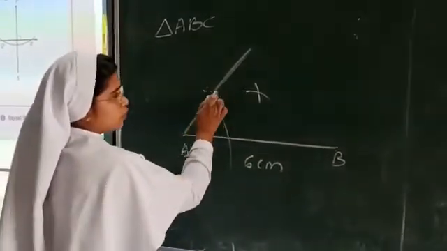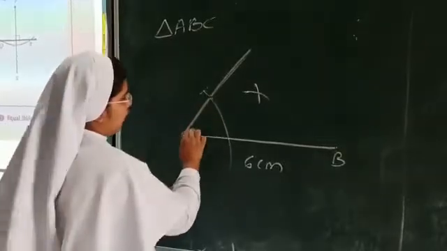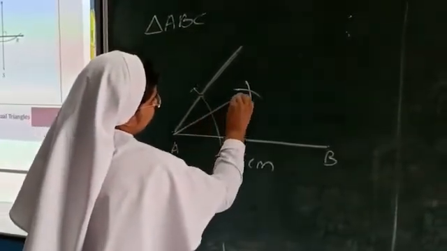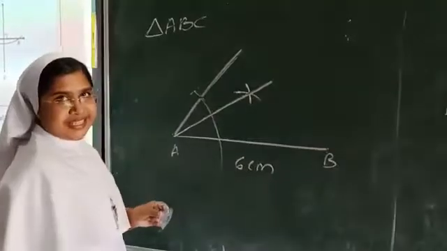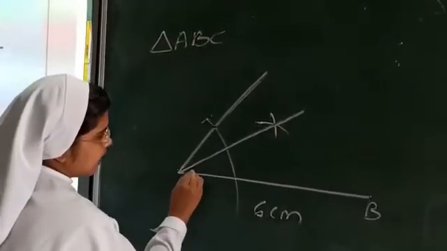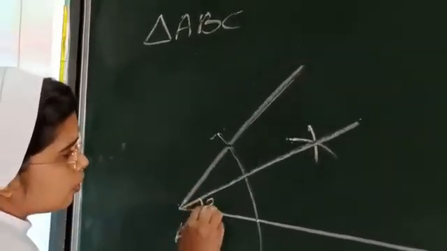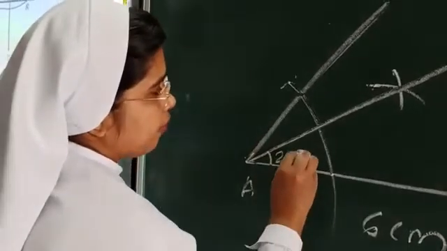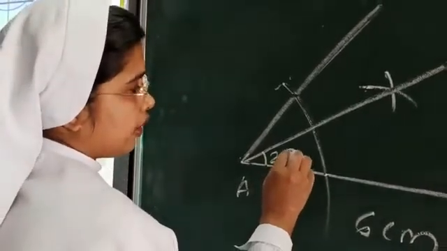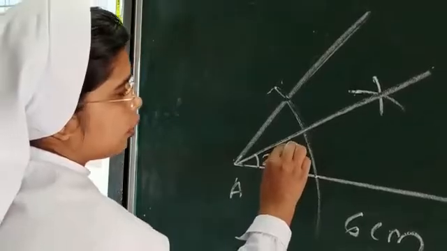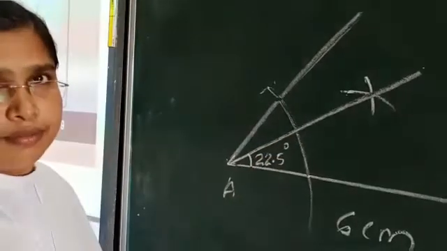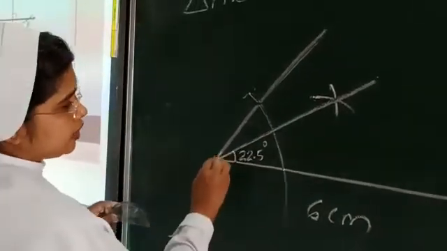So you have drawn two arcs from both sides, and joining that one you will get a bisector here. That is angle A is equal to 22.5, or 45 by 2. Okay, so you can write 22.5 degree. So you have got the first one.